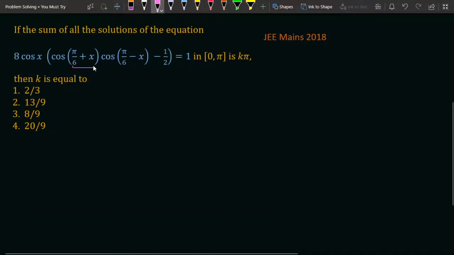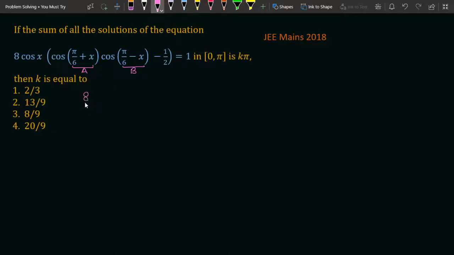Suppose I have pi by 6 plus x and pi by 6 minus x as A and B. It indicates that 2 cosine A cosine B is hidden there, but the 2 is missing. So I will multiply and divide the left hand side of this equation by 2.